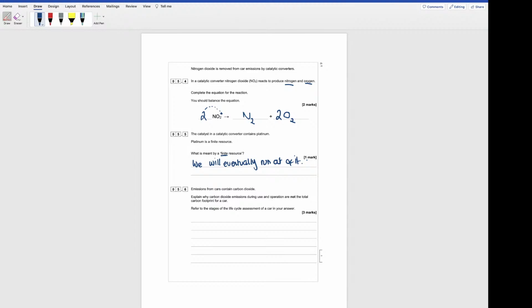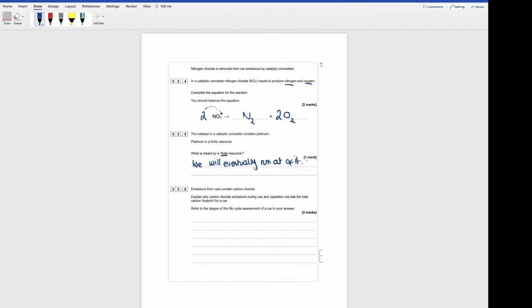So emissions from cars contain carbon dioxide. Explain why carbon dioxide emissions during use and operation are not the total carbon footprint of the car. Refer to stages of the life cycle assessment in your answer. So when you're using a car, it produces carbon dioxide, but that's not the total amount of carbon dioxide that car has produced in its lifetime.